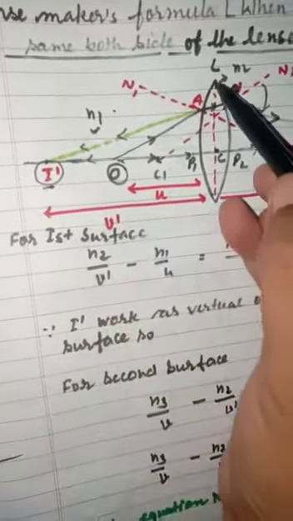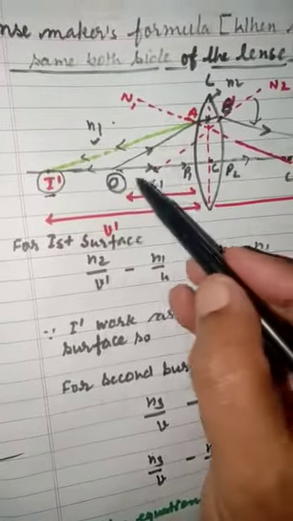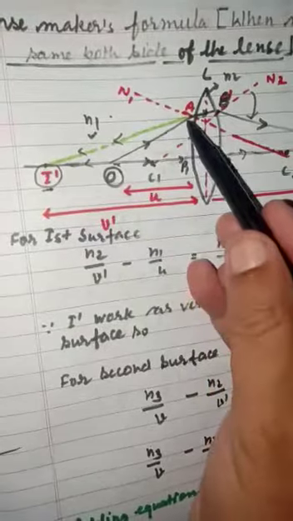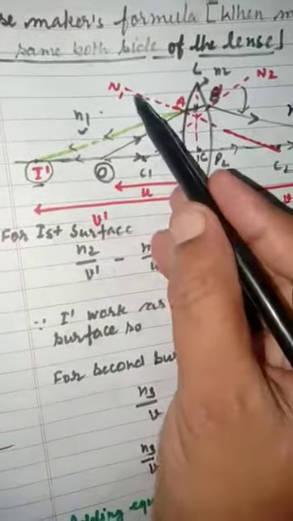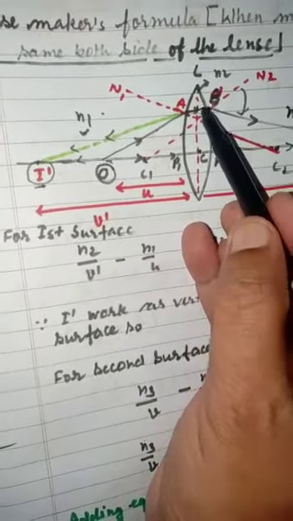So for the first surface, we can see here the light ray OA is incident at point A, and after refraction it goes along AB direction.